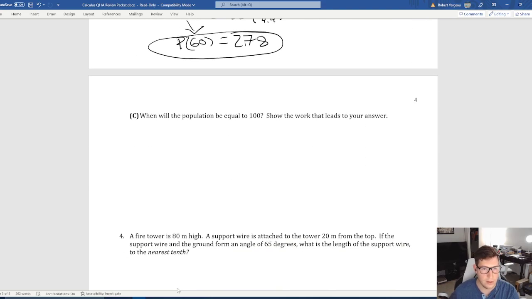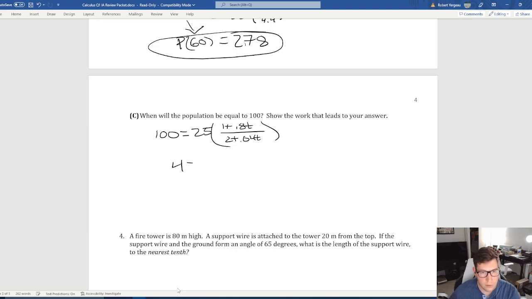Lastly, on part C, we want to know when is the population going to be equal to 100. Well, that's simply just swapping our pieces here. And so we're going to have 100 is going to be equal to 25 times 1 plus 0.8t over 2 plus 0.04t. And now we're just solving for t. I'm going to divide both sides by 25.